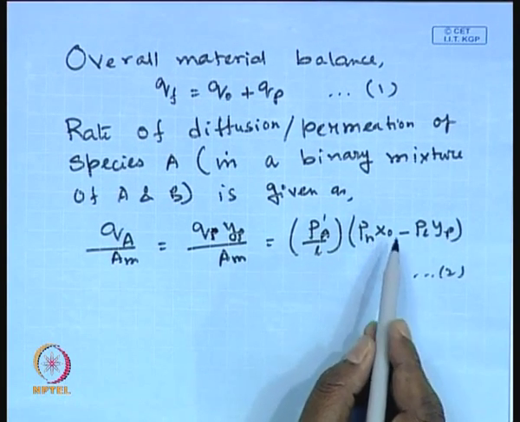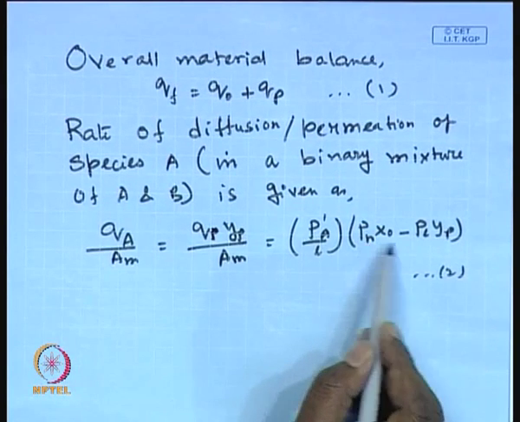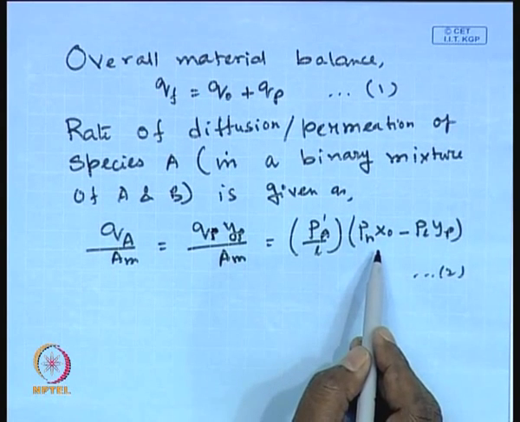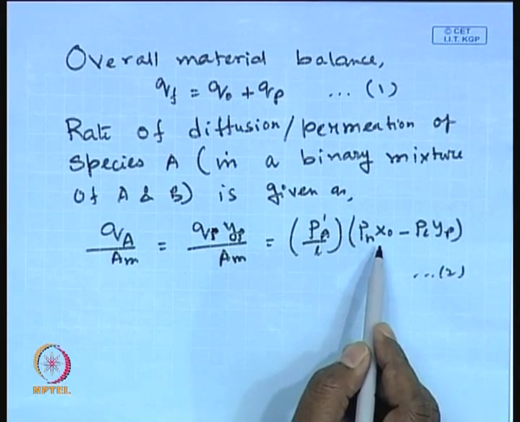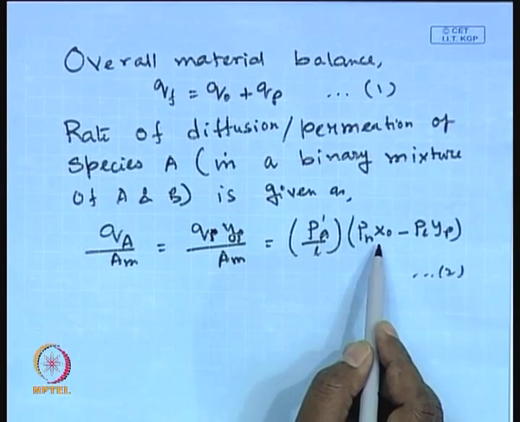Now, what is the driving force? The driving force will be the partial pressure of A in the feed side minus the partial pressure of A in the permeate side. In the feed side, the mole fraction is x naught, the mole fraction going out of the system. Since it is a CSTR, a completely mixed system, the mole fraction going out of the system will be the same as that existing inside the system.